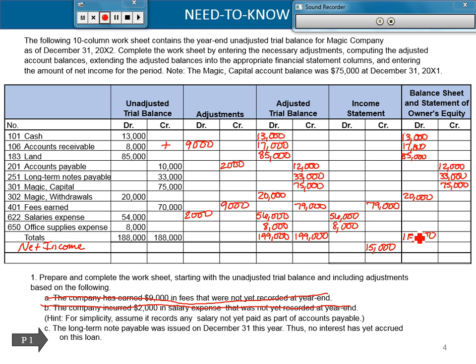13,000 plus 17,000 plus 85,000. And 12,000 plus 33,000 plus 75,000. You can see there's a difference, so we did something else wrong. Okay, let's figure it out.